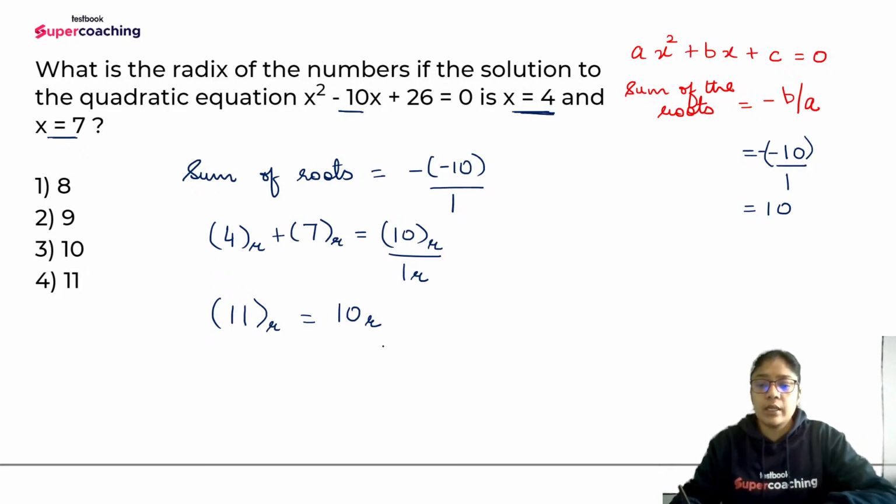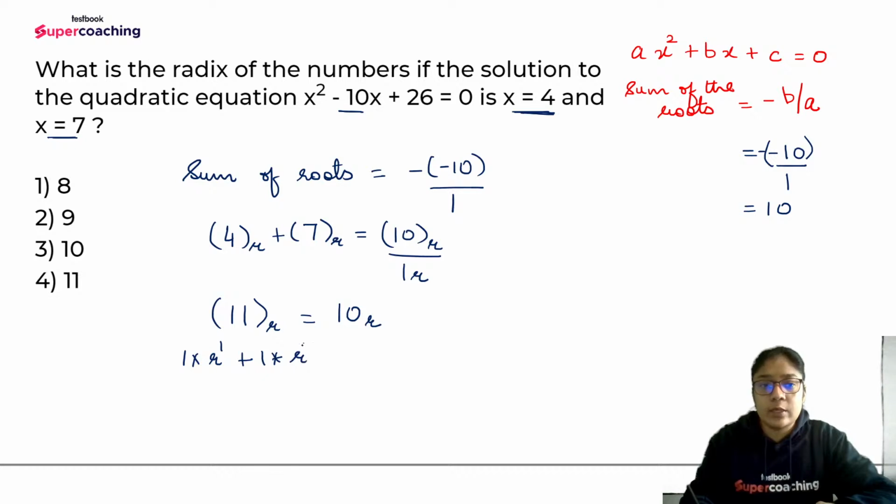Now here you can find the value of r. You have base r, so convert both to decimal and you'll get the equation. So this comes out to be 1 into r raised to power 1 plus 1 into r raised to power 0 is equal to 1 into r plus 0.